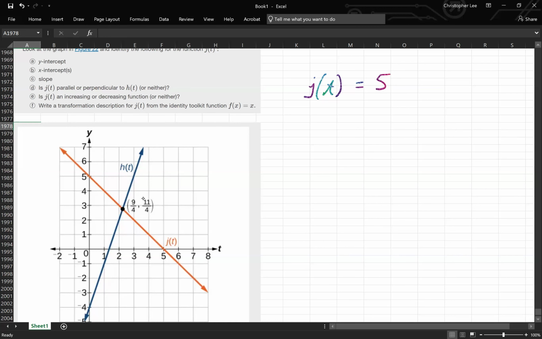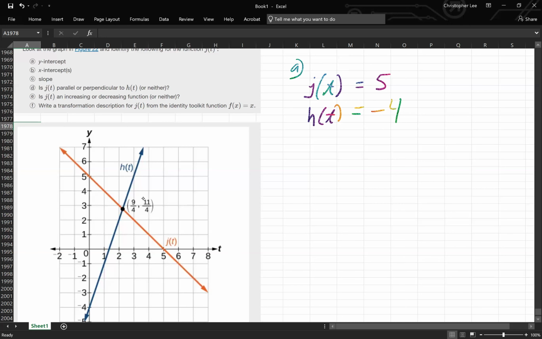So boom. What about H of t? What is the y-intercept there? Close. No. Go down a little bit further, not 3. What is it? -4. Okay.